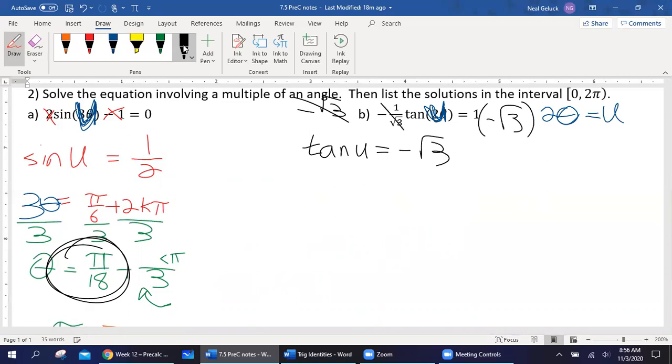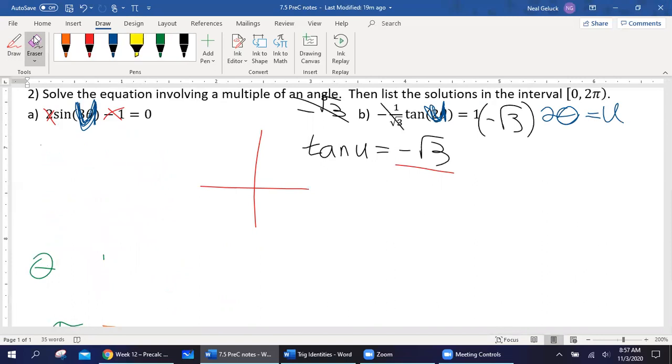So it canceled out on that side. Now remember, with tangent, you only have to find the answers between 0 and pi to start off with, for your recipe at least. For tangent, we find all the answers in one period. So where does tangent equal -√3? Well, let's go back to unit circle stuff.